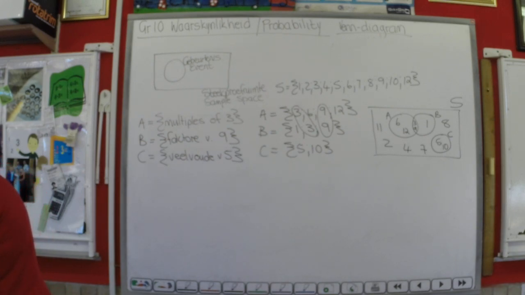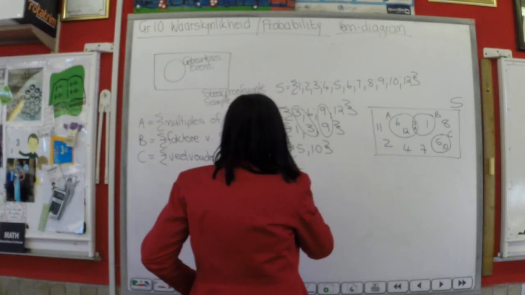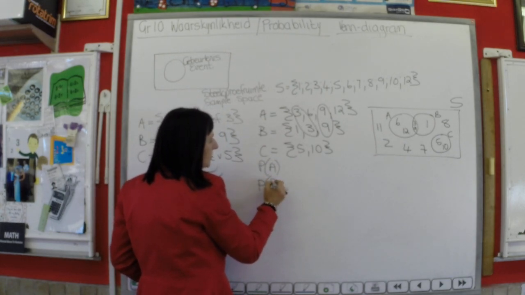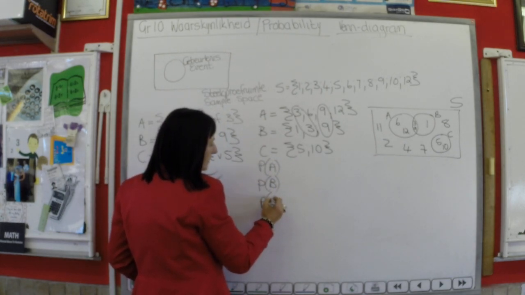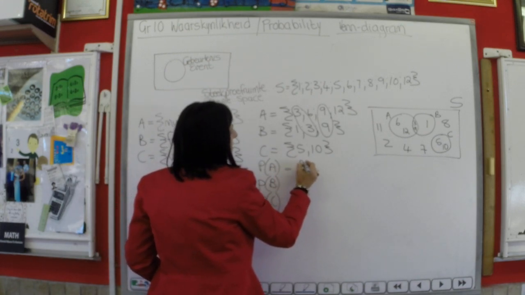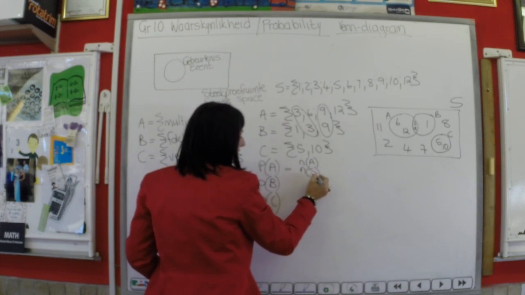Okay, so the last question is determine the probability of A, probability of B, and the probability of C. So kom ons gaan kyk. Die waarskynlikheid van A is die aantal in A op die aantal in die totaal.